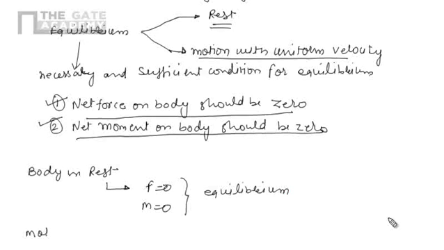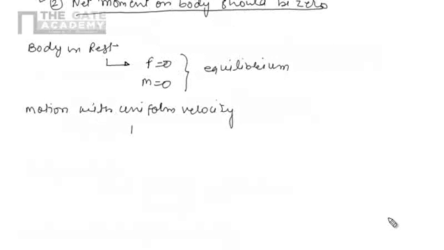Similarly, motion with uniform velocity. If a body is moving with uniform velocity, then we can say that it is in equilibrium. But how? Let's take Newton's second law of motion, that is force equals ma, and we know the acceleration is nothing but dv by dt, that is rate of change of velocity with respect to time.